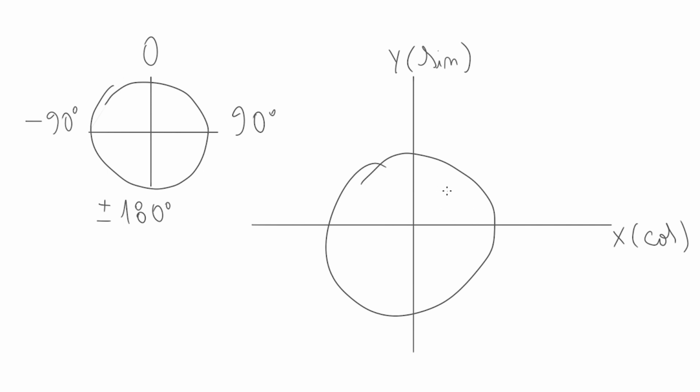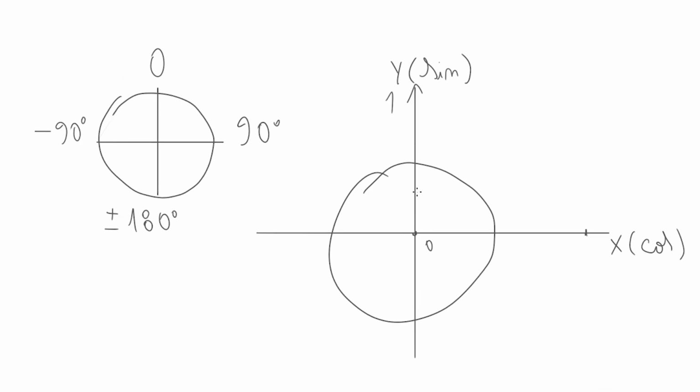So when the angle is 0, set here, 1, minus 1, 1, minus 1, right? So when the angle is 0, as you can see, the value of sin is 0.